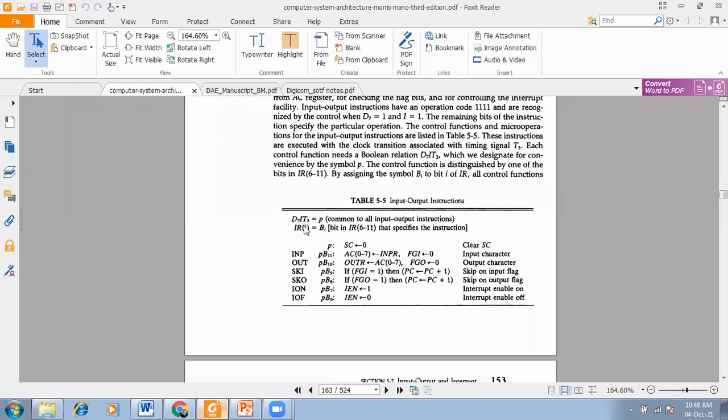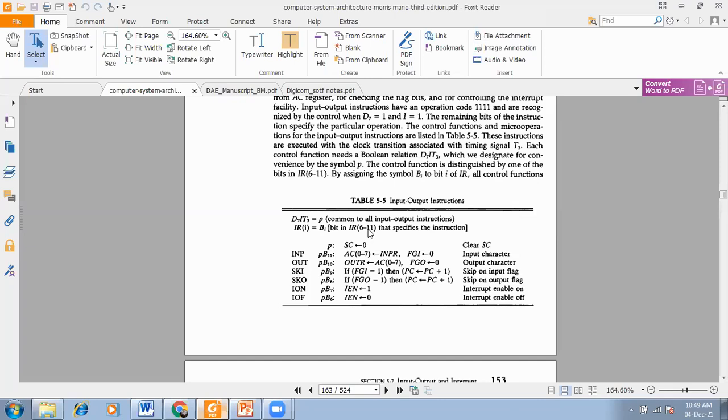And IR(i) means the instruction register bit positions. They indicate bits in IR, that is 6 to 11, the instruction register bits B(i), 6, 7, 8, 9, 10, 11.